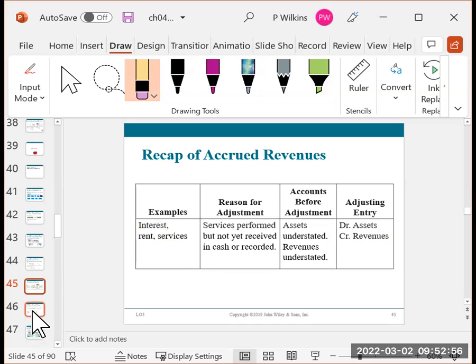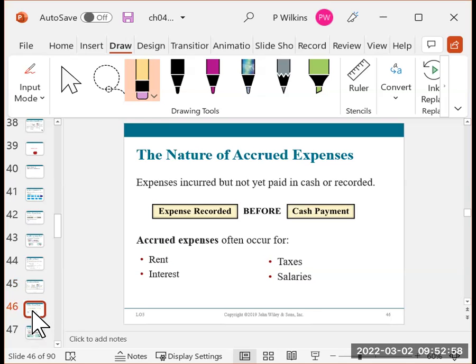So let me go to the next slide here. Okay, accrued expenses. So these are expenses that you record in your books before you actually pay it. So a big example of that is salaries, right? So every day, if you have a job and you work 5 days a week, every day that you go to work, they don't pay you at the end of the day, right? So sometimes you don't get paid for 2 weeks.